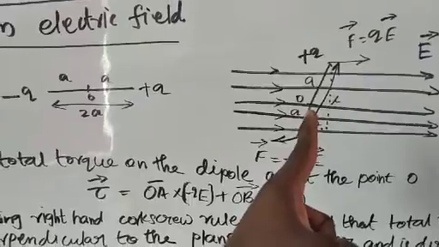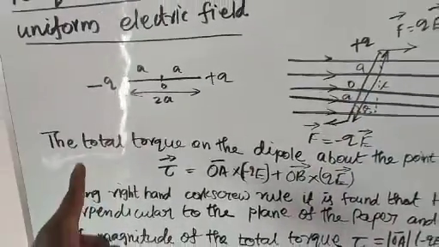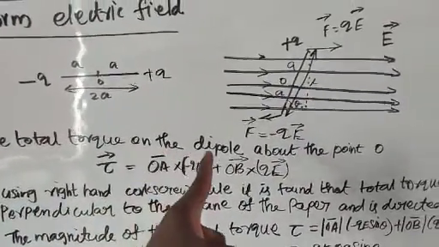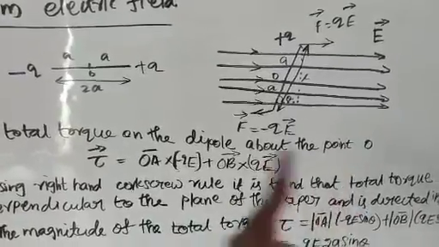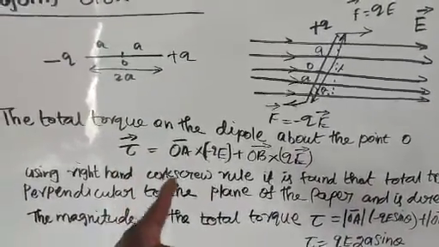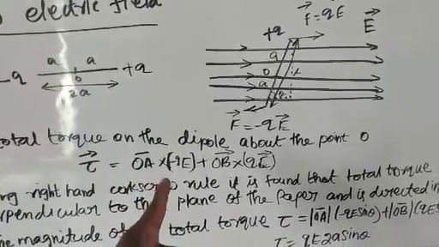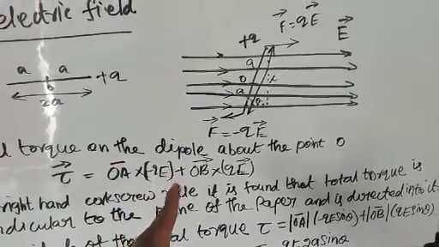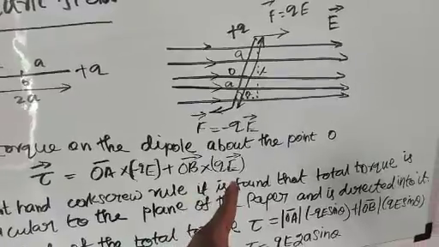So torque is produced. So total torque on the dipole about the point O, the symbol represents tau. Torque tau equal to OA cross minus qE plus OB cross plus qE.